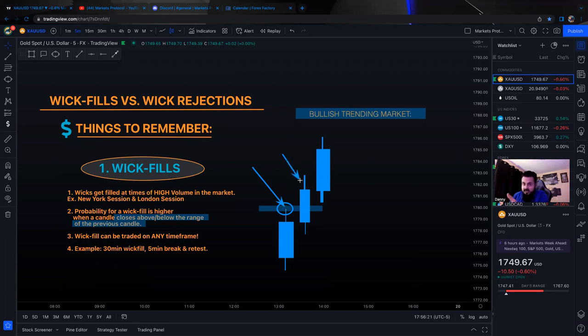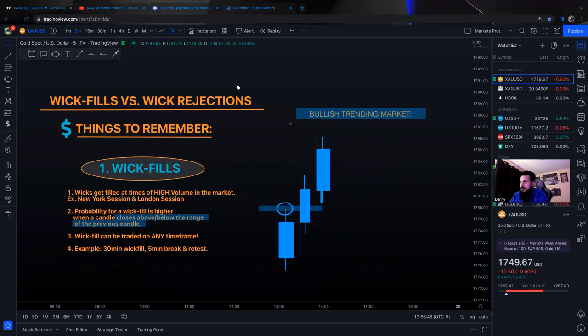We have a candlestick range here, we have a candlestick range here. When this candle decided to close above the range of the previous candle, the probability for the next candle is higher to continue towards the upside as long as the low of the previous one is not broken. So this is a key setup.